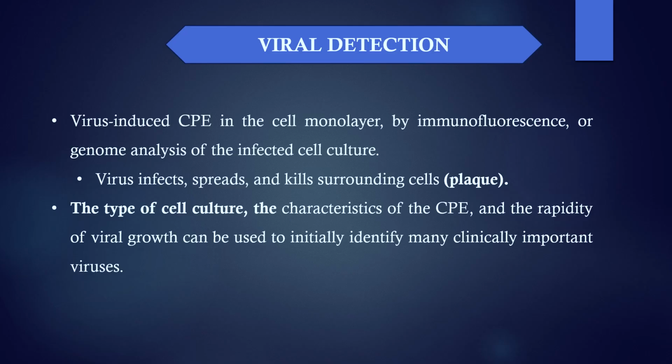For example, a single virus infects, spreads, and kills surrounding cells, which is otherwise called plaque formation. The type of cell culture, the characteristics of cytopathic effect, and the rapidity of the viral growth can be used to initially identify many clinically important viruses.